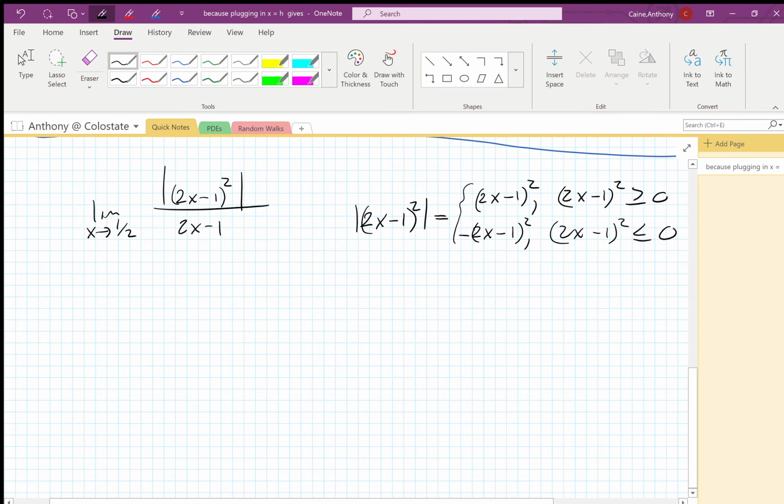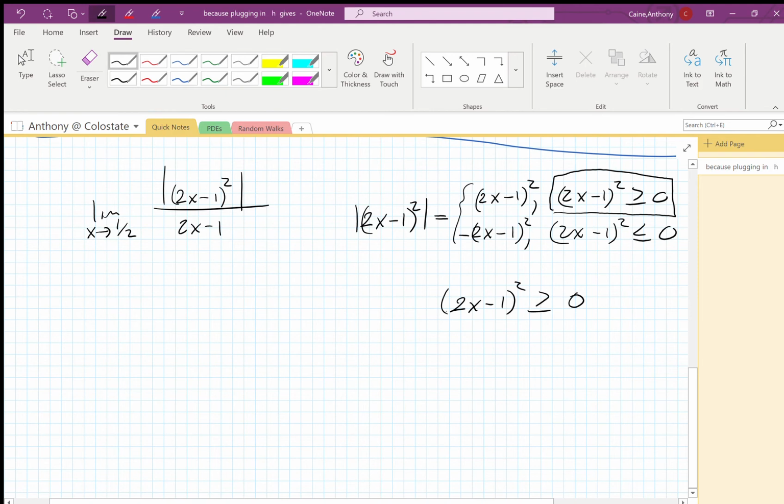It turns out this is actually a really nice case. In this setting, we will always satisfy the first condition. Why is 2x minus 1 squared always bigger than or equal to 0?